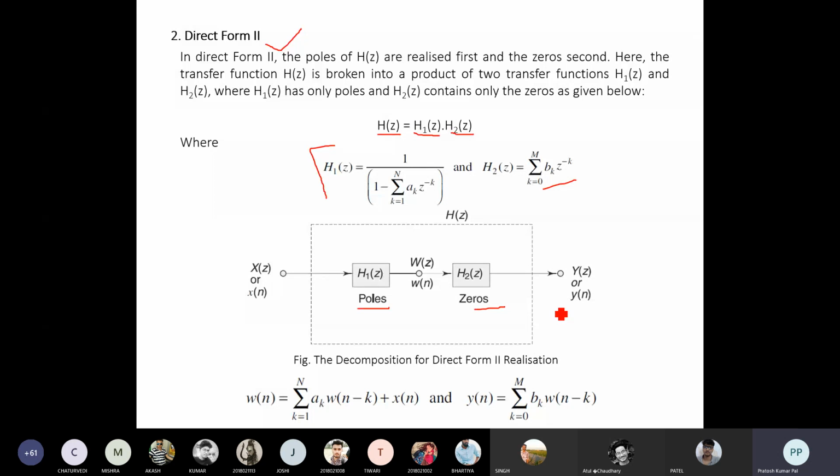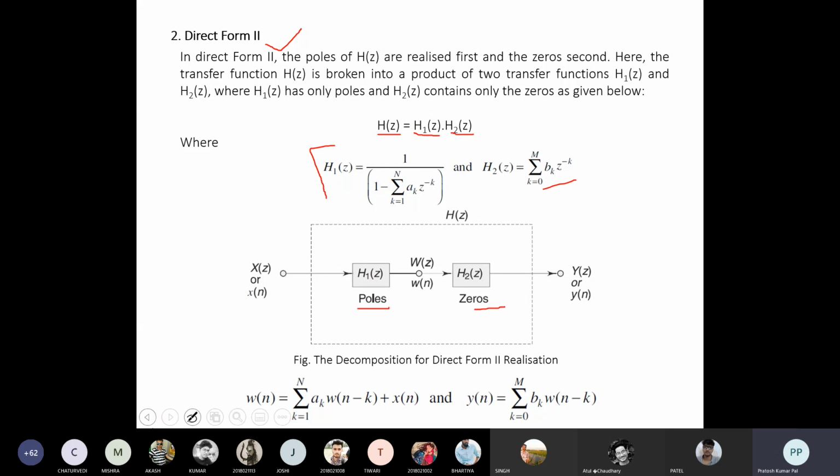All other methods are the same. In the same way, we have to realize it, so whatever middle term is there, we are representing it in terms of w of n. H1 of z will be 1 upon this term, and its output is given as w of n.